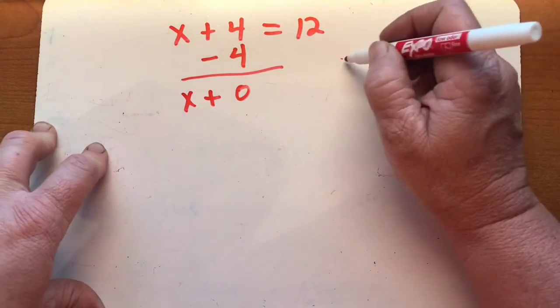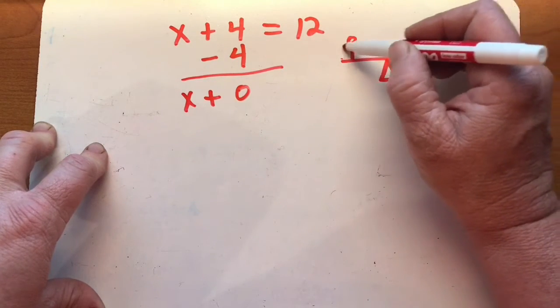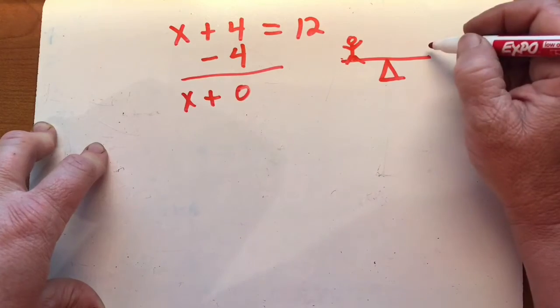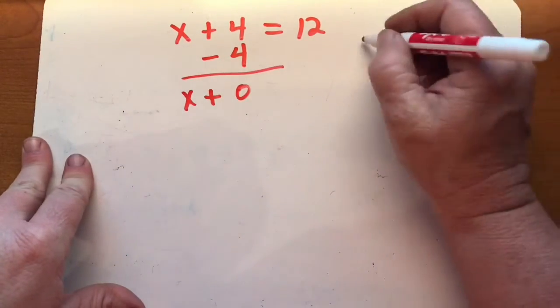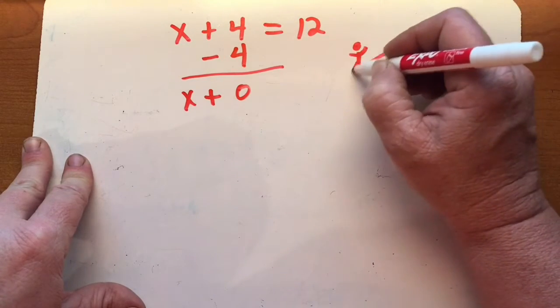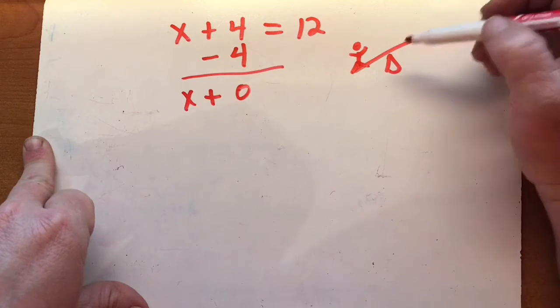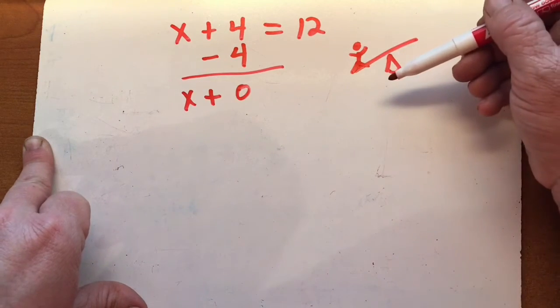All right, think of a teeter-totter, and you've got a kid on it. Right? There's a teeter-totter and a kid gets on, or a seesaw, whatever terminology you used to. A kid gets on it and the teeter-totter goes boom to the ground. Right?